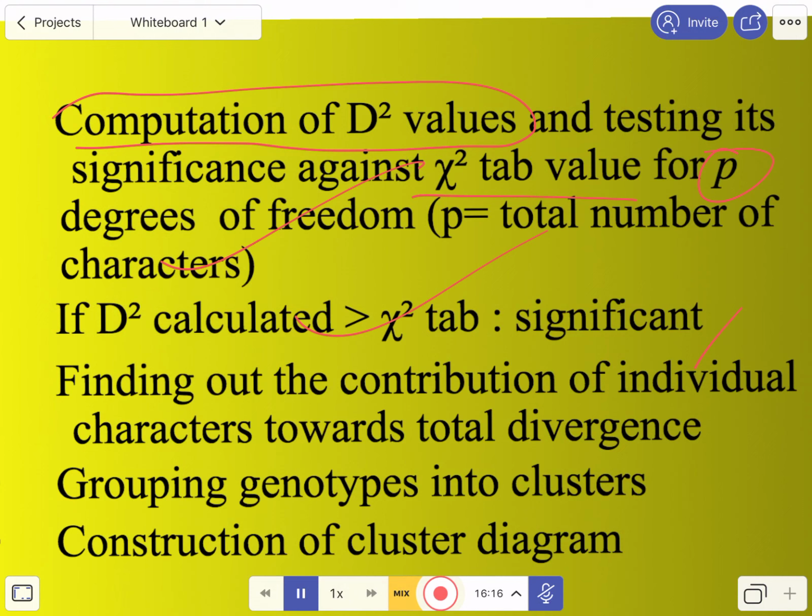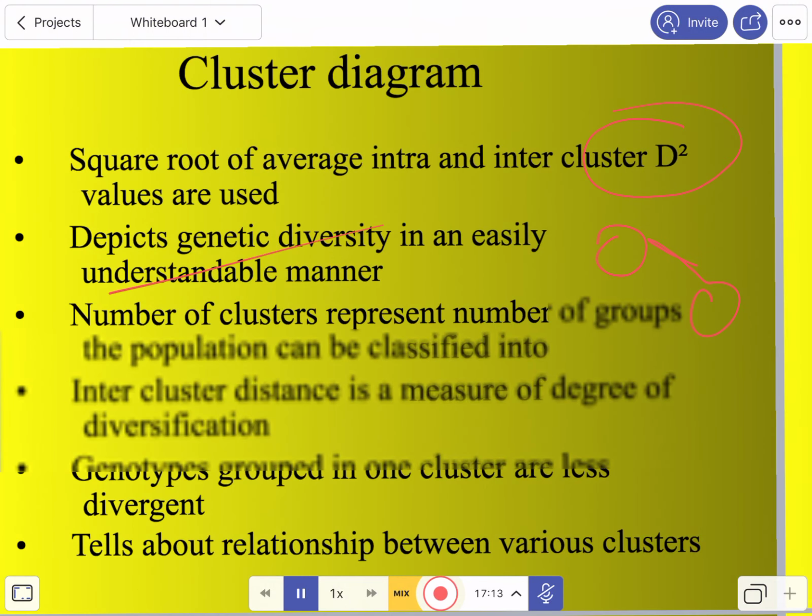Now, in D-square analysis, a line diagram is constructed with the help of D-square values, which is known as a cluster diagram. This cluster diagram gives information about genetic diversity in an easily understandable manner. It gives information about the number of clusters, which represent the number of groups in which a population can be classified based on the D-square values.